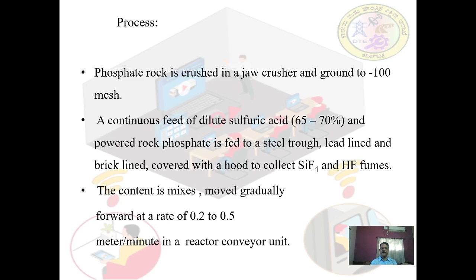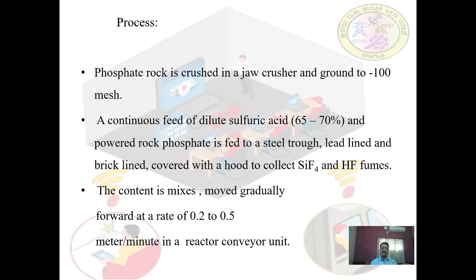A continuous feed of dilute sulfuric acid, 65 to 70% concentration, and powdered rock phosphate is fed to a steel trough, lead lined and brick lined, to avoid the corrosion of the reaction vessels, covered with a hood to collect silicon fluoride and hydrogen fluoride fumes.